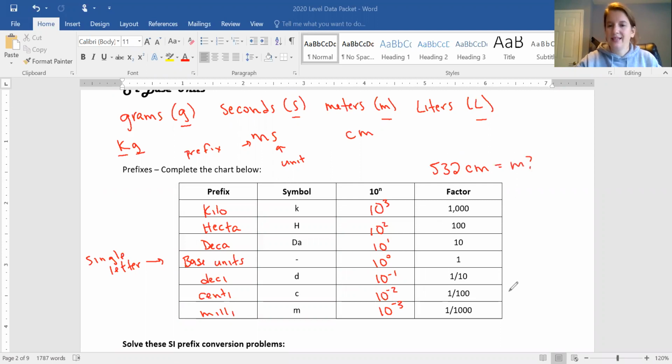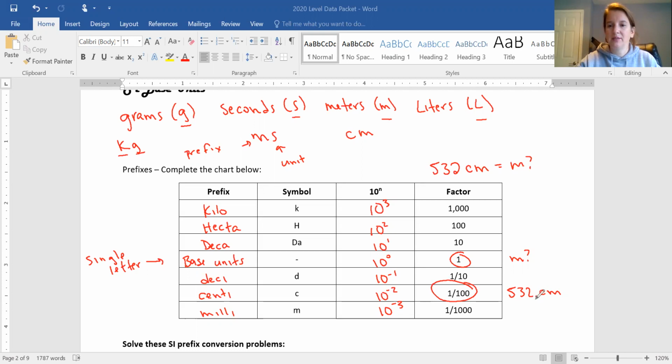Well, I'm saying that I'm starting here at 532 centimeters, and I'm trying to find out how many meters. And I know it's the base unit because there's no prefix. Well, that means that I am going to be having to get this into this. So I have to multiply this number by 1/100th.